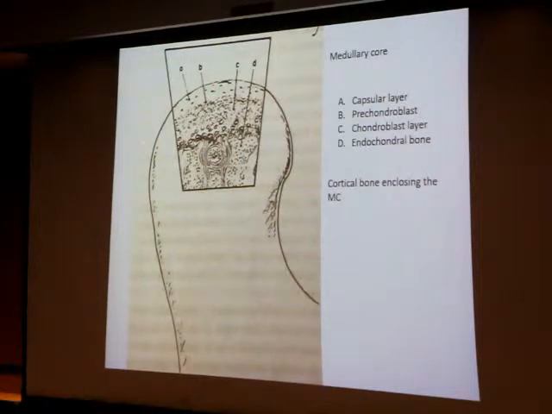And what do you have above the articular disc? Superior joint space. And what's above the superior joint space? The glenoid fossa, right? Part of the temporal bone.